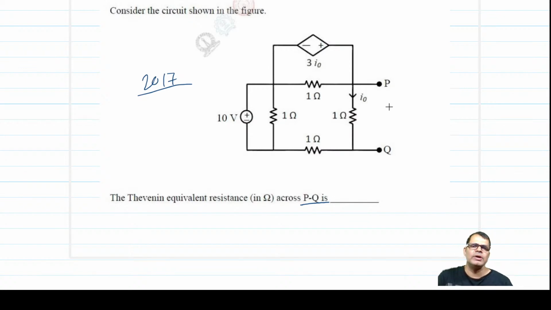So if I look at the circuit, it looks a little complicated, and if I go by finding the open circuit voltage or short circuit current, it may be a little longer. Or you can reduce the independent source to 0 and find the I2.